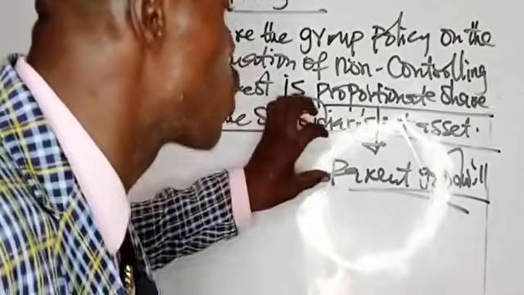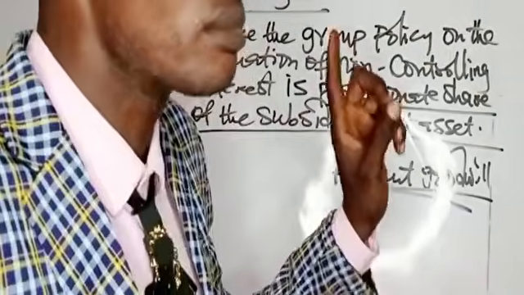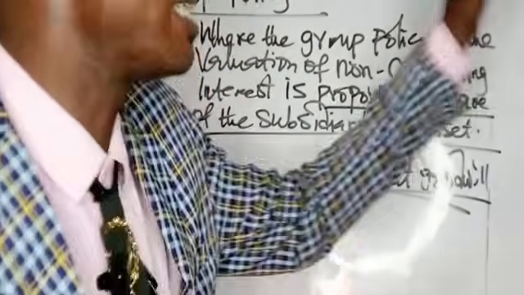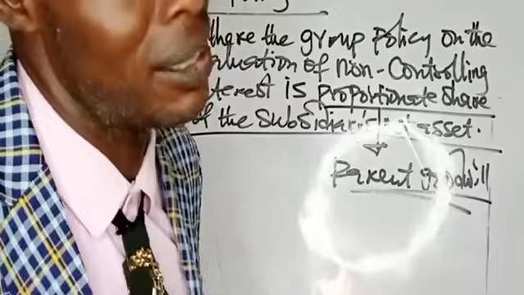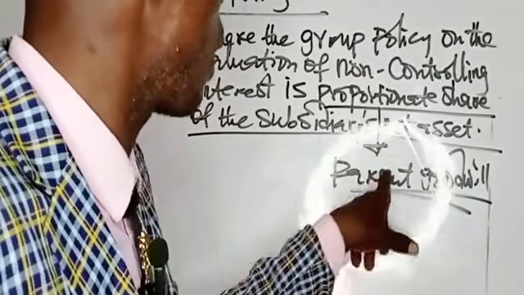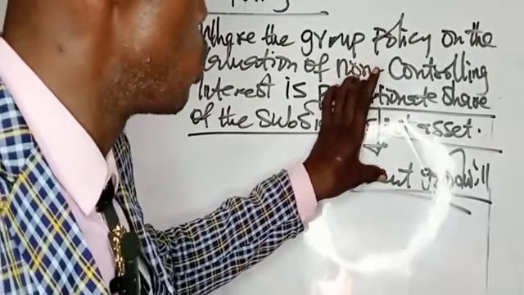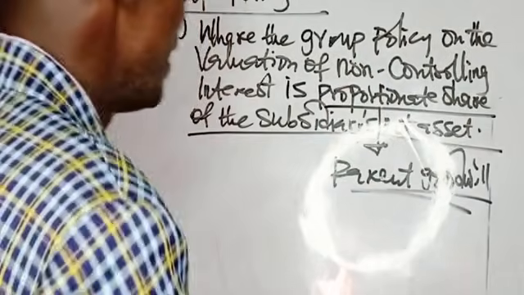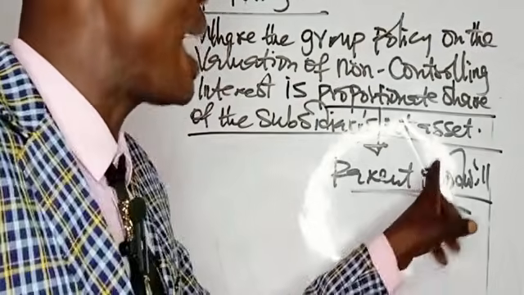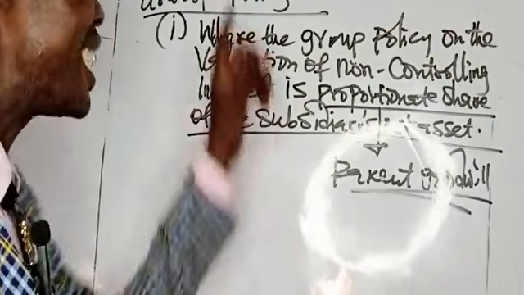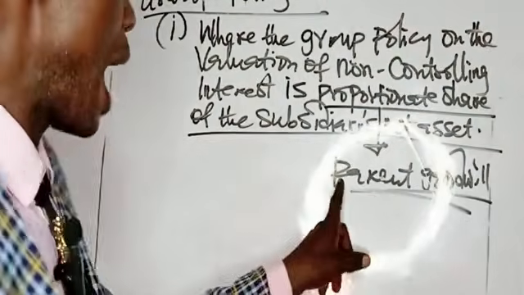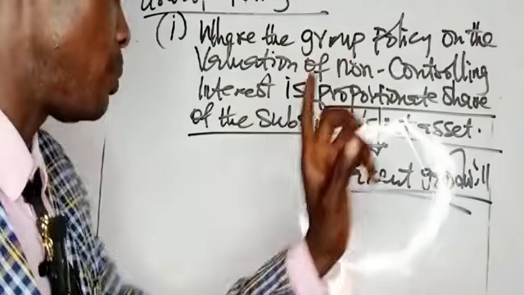Where such goodwill is impaired, the whole of the impairment loss must be borne by the parent company, since the goodwill is to the parent only. So you deduct the impairment loss from the retained earnings of the parent company and from the calculated goodwill.